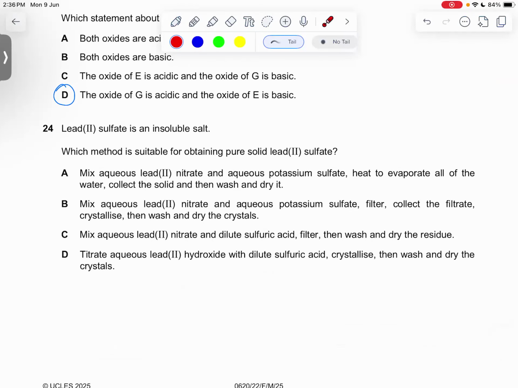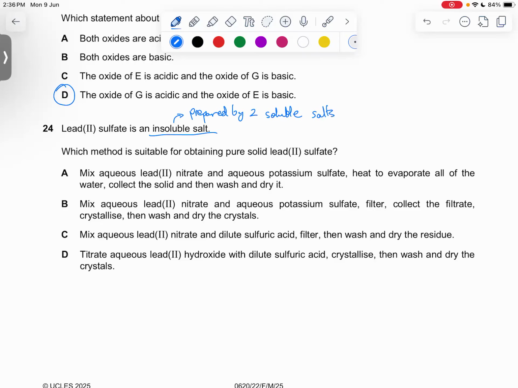Next question then. Lead(II) sulfate is an insoluble salt. Which method is suitable for obtaining pure solid lead(II) sulfate? Because this is an insoluble salt, we should use two soluble salts.